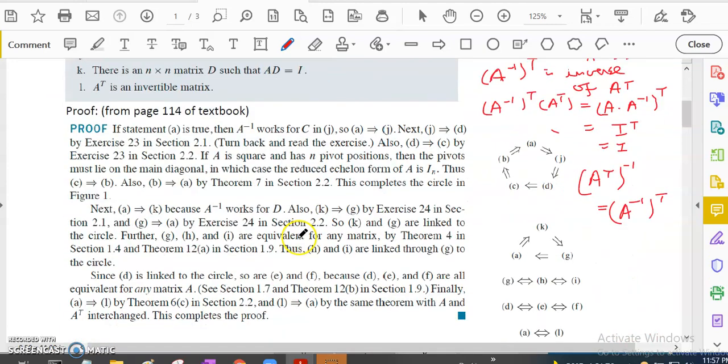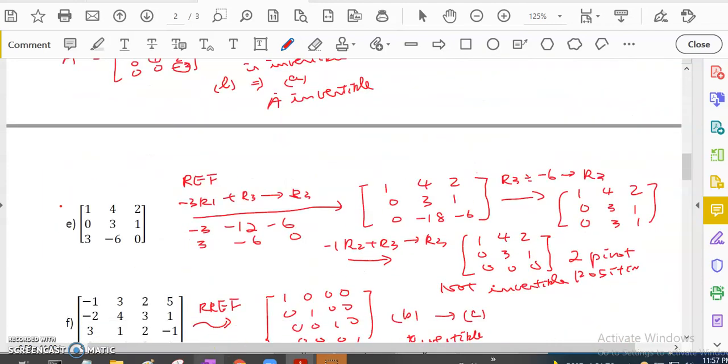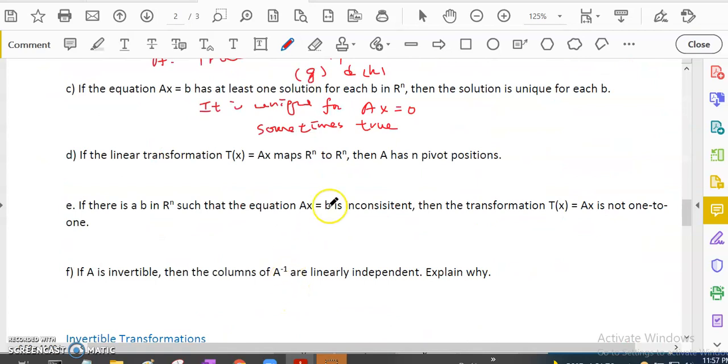It doesn't guarantee that it is a unique solution, though. Also, this doesn't guarantee that A is n by n. A may not be n by n. They didn't say that A is a square matrix. If it's a square matrix, I think it is, but if it's not, then you don't know. So it's not very clear here.